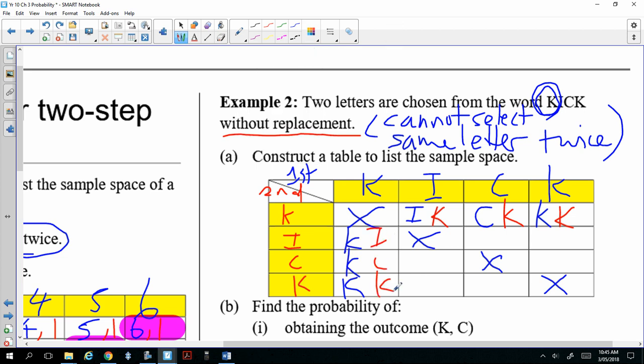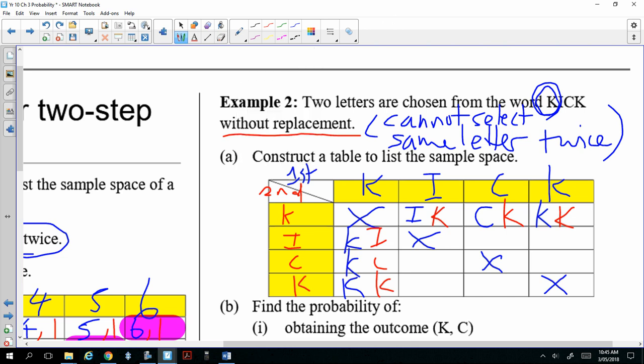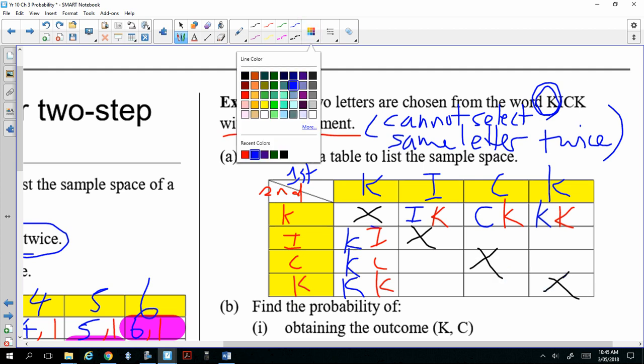Let me use a different color for this. Okay, let's get rid of the cross. Now this K is different from the other K. So this is the first letter K, that's the last letter K. So there are two Ks, so it's possible to have doubles.